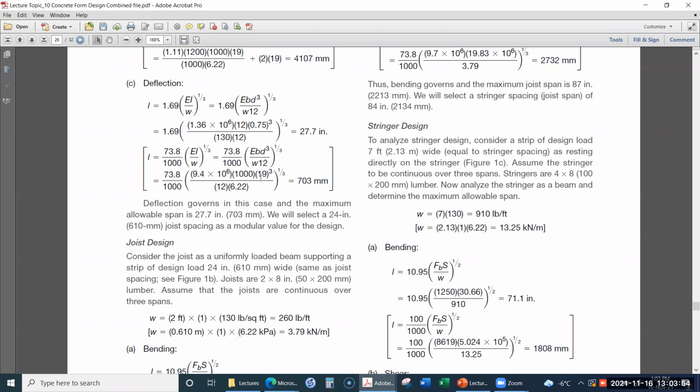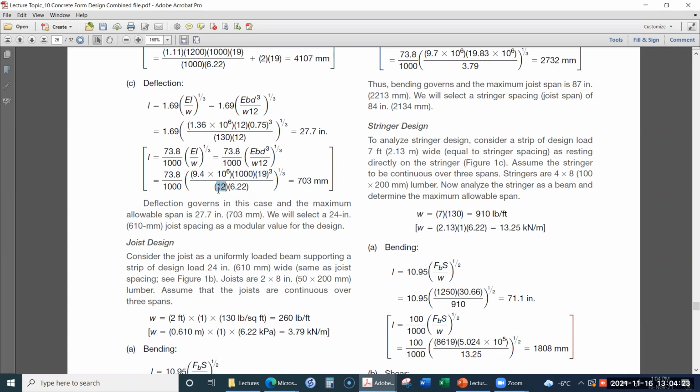And I is the second moment of inertia of the area. If you remember the formula from your structural analysis course, it is b h cube over 12, where b is the width and 19 is the height.